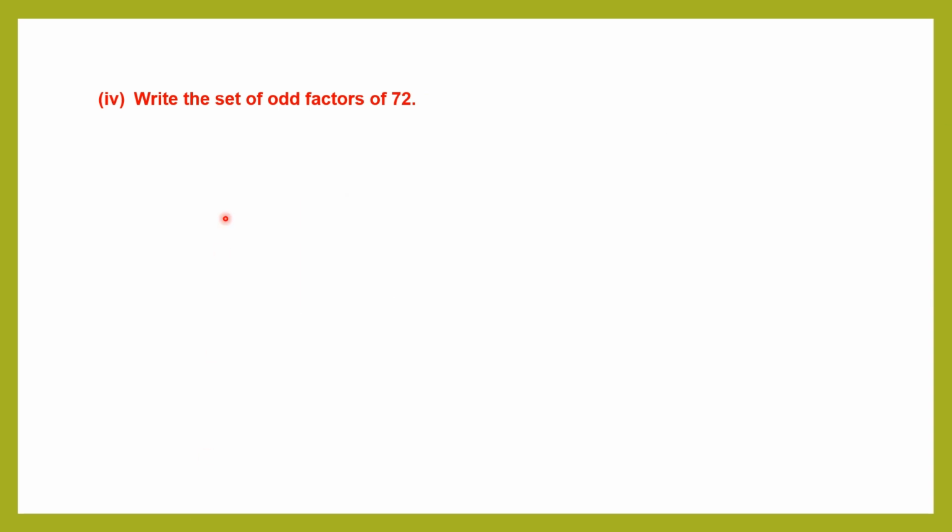Question 4. Write the set of odd factors of 72. So let's begin by writing all the factors of 72 first. So 72, we need to get this, isn't it? Starting with 1. 1 into 72 is 72. Let's go to 2. 2 into 36 is 72.